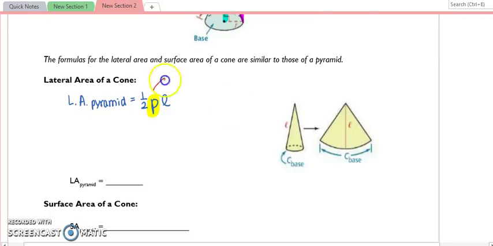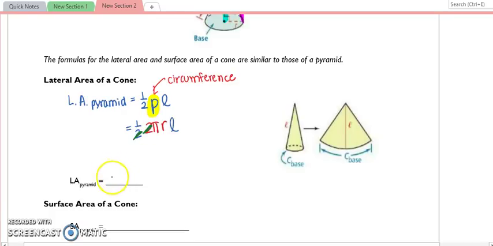So in a circle, if you guys remember, this would actually be called our circumference. So our circumference is 2 pi r, which again is on your formula sheet. Everything else still stays the same. It's still 1/2 and it's still a slant height. But the cool thing happens here where this 2 and that 2 reduce down to 1.